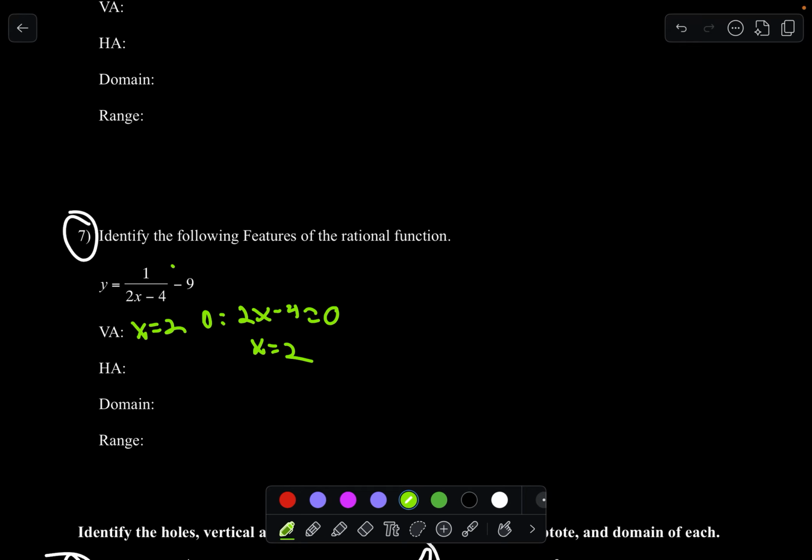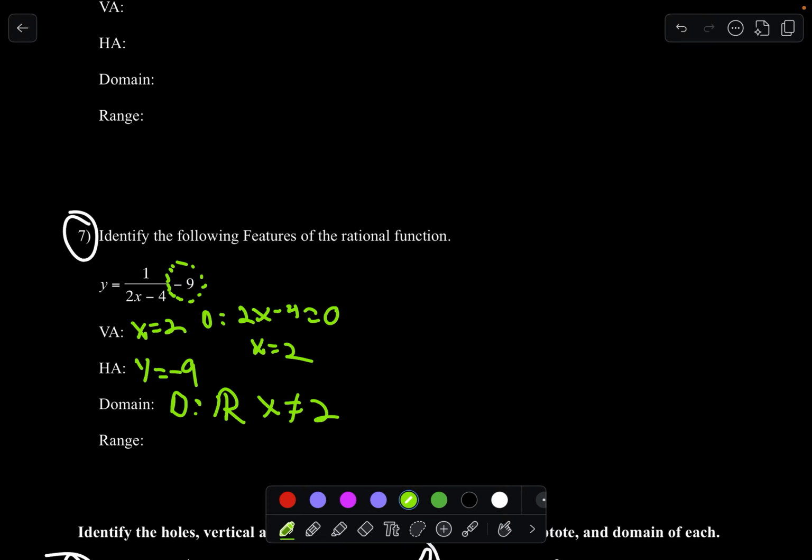Horizontal, again, is the number, if there is one, that's added or subtracted at the back end. And that's going to be y equals -9. Notice, I'm writing equations of lines. All right, the domain is going to be all reals, except x cannot equal 2, because that's a vertical asymptote.